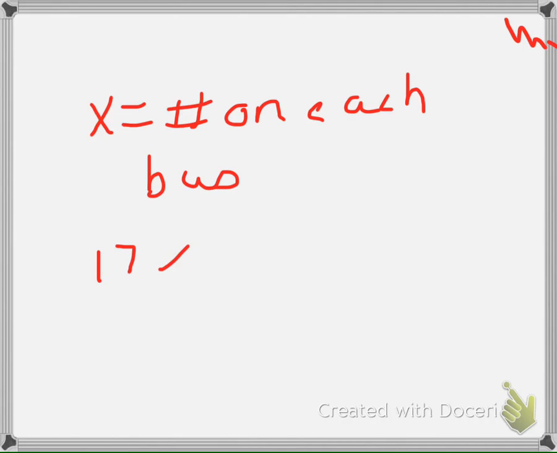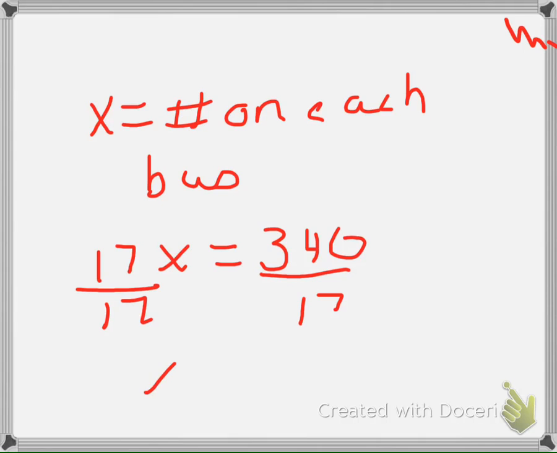And 17 times x equals 340. That's only a one-step problem. And 340 divided by 17 is 20 on each bus. Done.